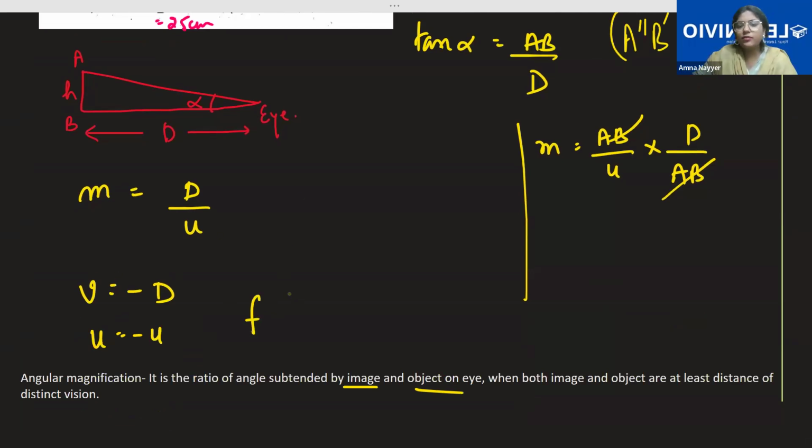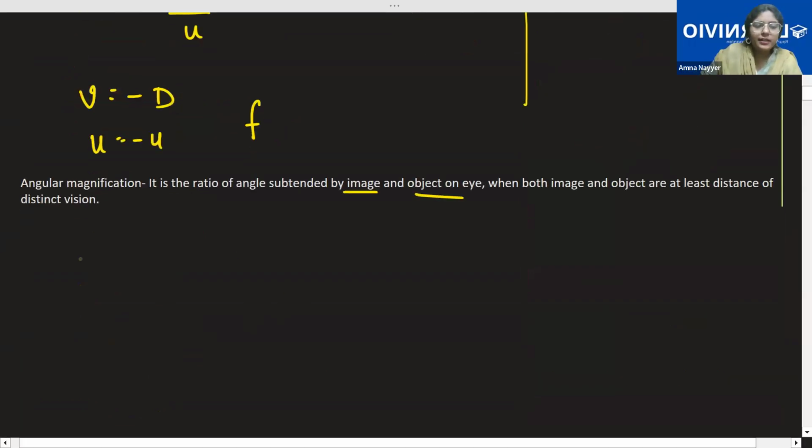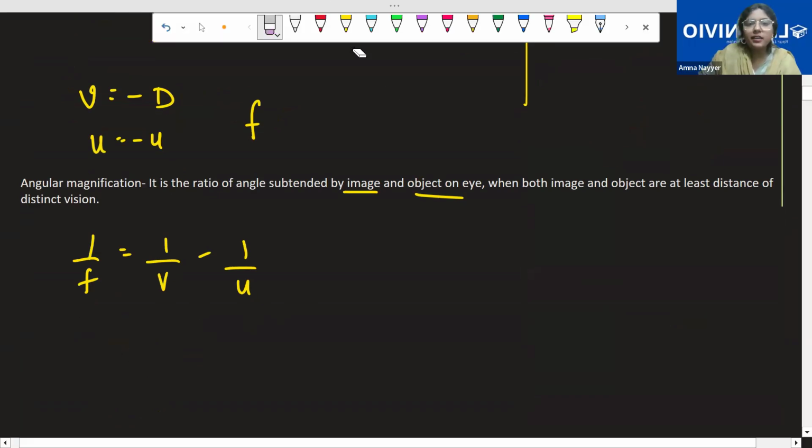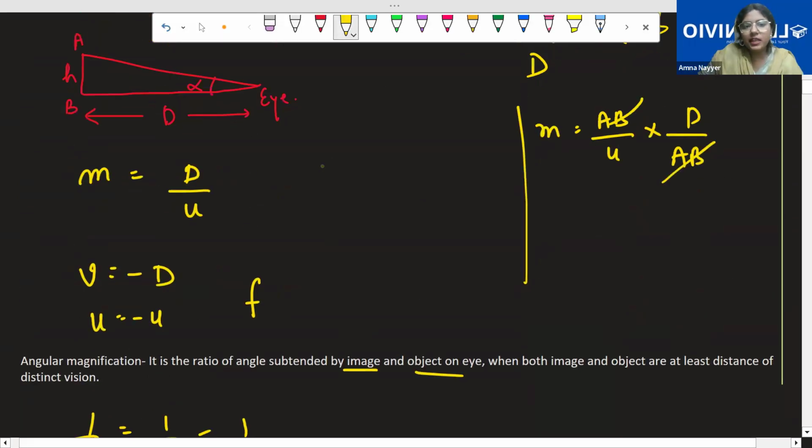So if you apply the focal length, I'm writing it here, 1 by f is equal to 1 by v minus 1 by u. I'm writing the value of 1 by u. Why? See, from here, can I write this as 1 by u into capital D? So I'm calculating the value of 1 by u.